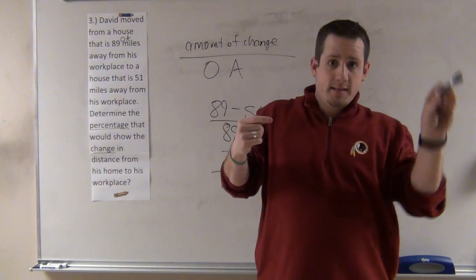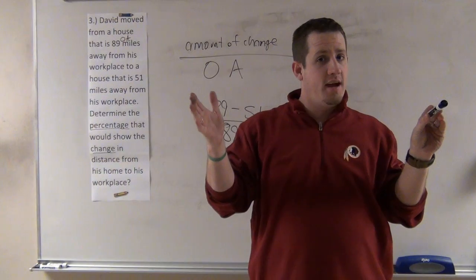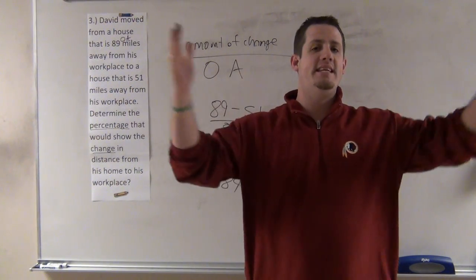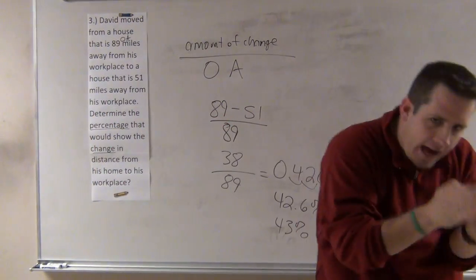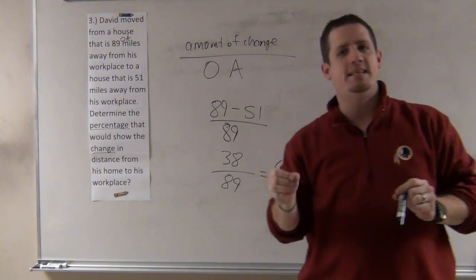That's correct. This guy. So is that an increase or a decrease? That's a decrease in distance, isn't it? He was 89 miles. Now he's 51 miles. So that's a decrease in distance.